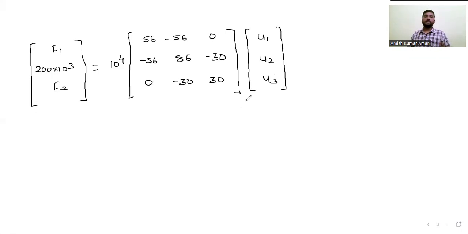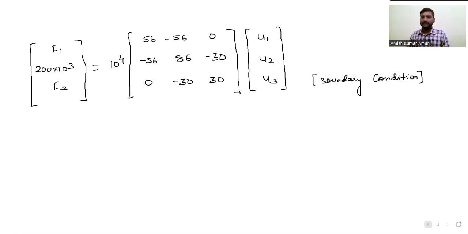Now we got this equation. Now what do we need to see? We need to see the boundary condition. Whatever boundary condition is given in the question, they will provide the details. If at a particular node the displacement is 0, they will write it in the question itself, or else from the diagram, if anything is fixed, we can derive this boundary condition.